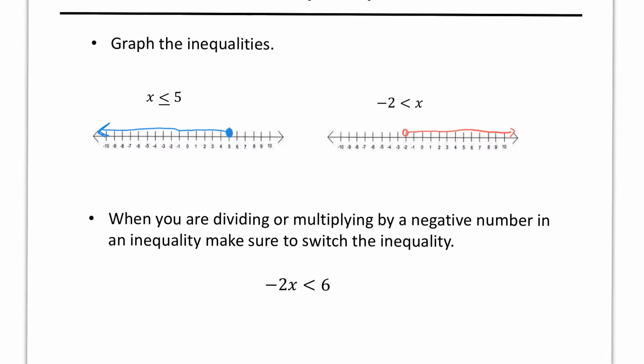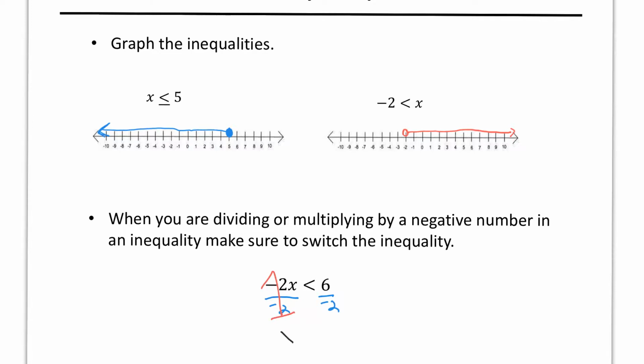For example, if you have -2x is less than 6, to solve for x, we have to divide by -2, just like an equation. I'm going to divide by -2 on this side and by -2 on this side. This turns into +1, -2 divided by -2.